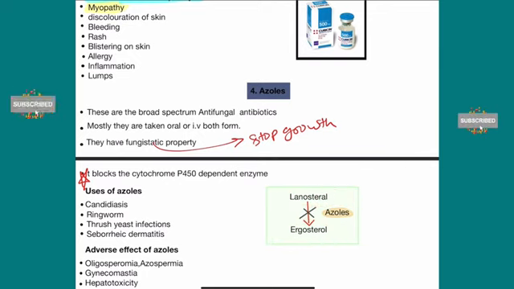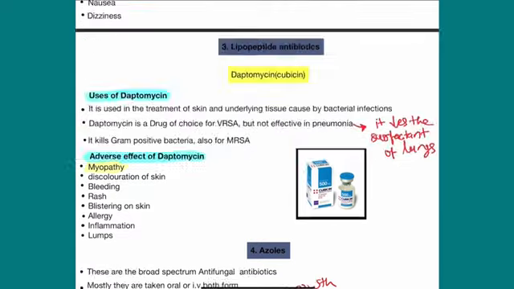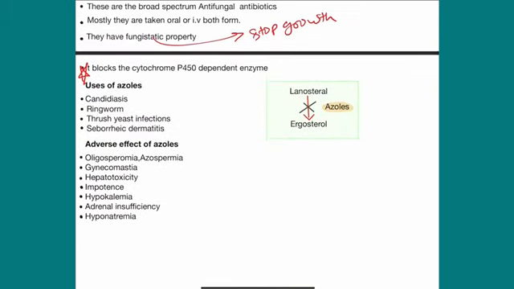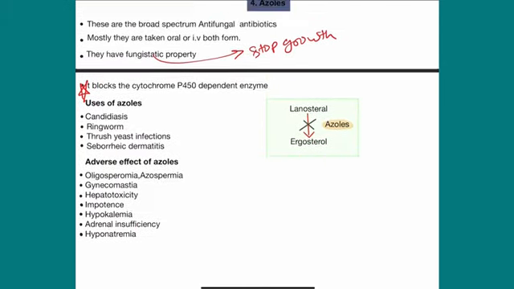So if they ask in the examination what is the mechanism of action of azole derivatives, like any antifungal drug, we already discussed ketoconazole, itraconazole and fluconazole, the mechanism of action is that it inhibits the conversion of lanosterol into ergosterol.